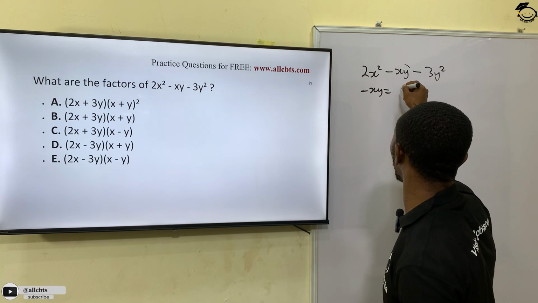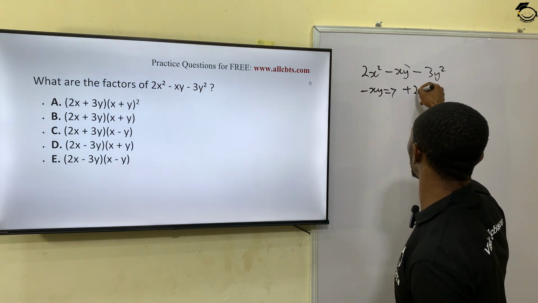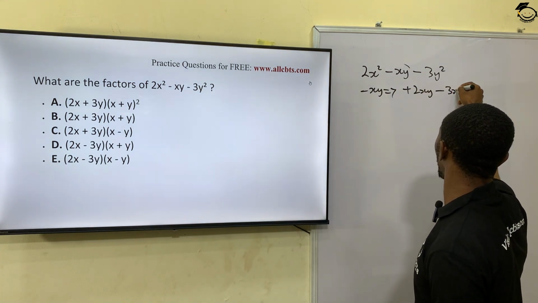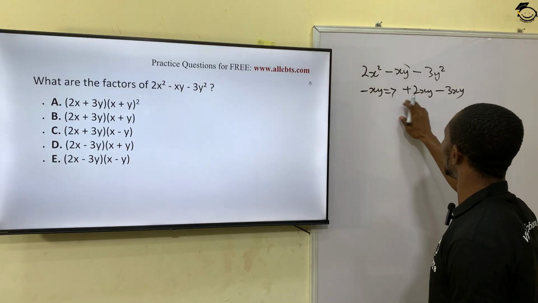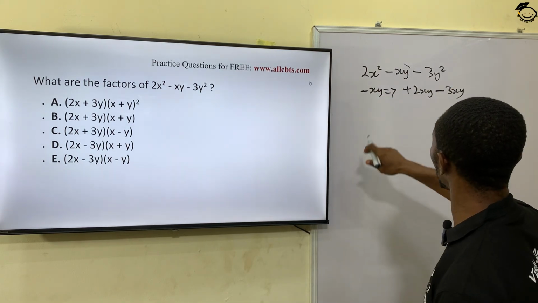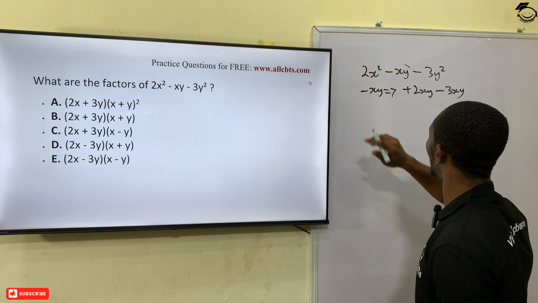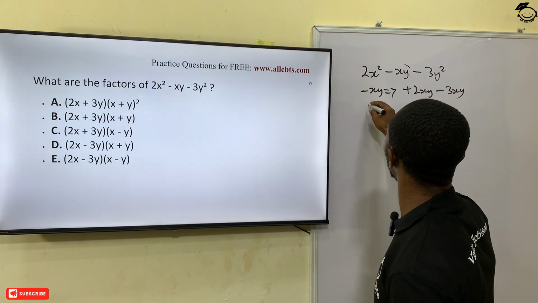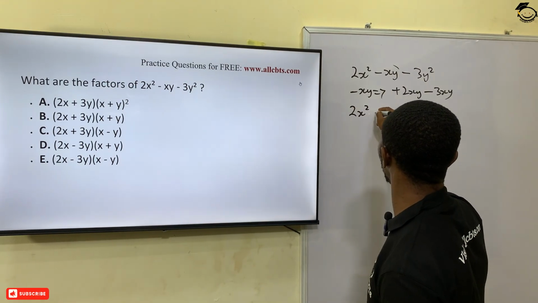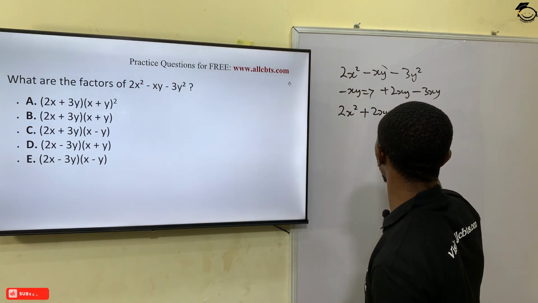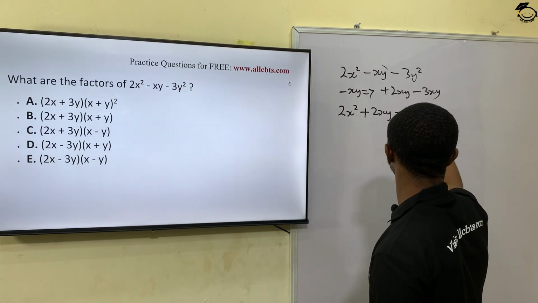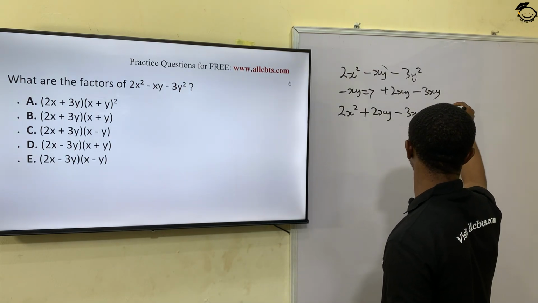We know we can have plus 2xy minus 3xy, which will give us minus xy. So substituting this here, we have 2x squared plus 2xy minus 3xy minus 3y squared.